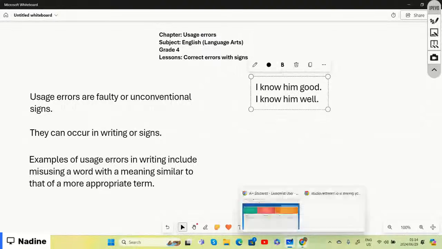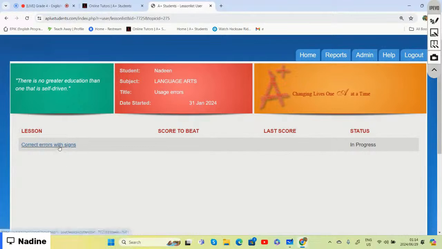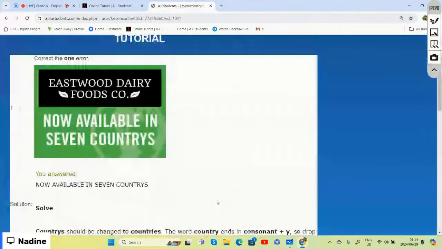All right, so now let's go to aplusstudents.ca. We said our chapter is usage errors and the lesson is to correct errors with signs. So by looking at the specific sign, it says Eastwood Dairy Food Company, right?